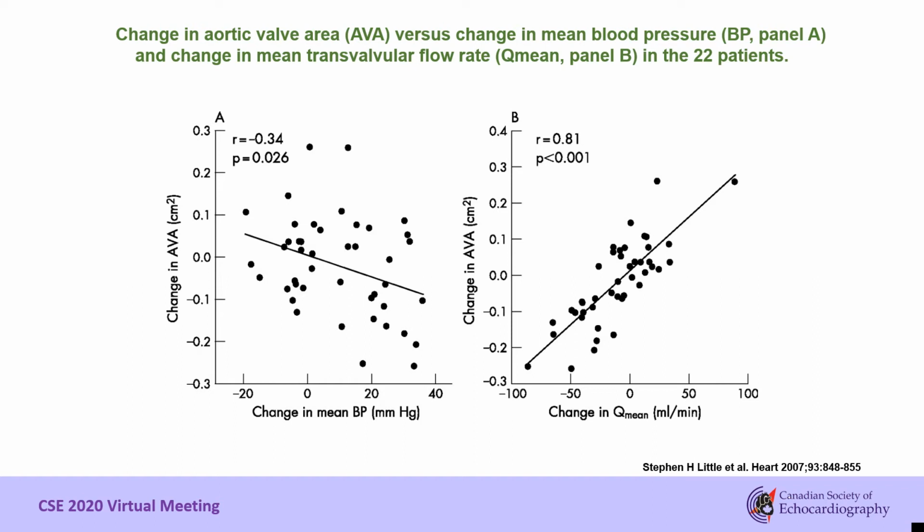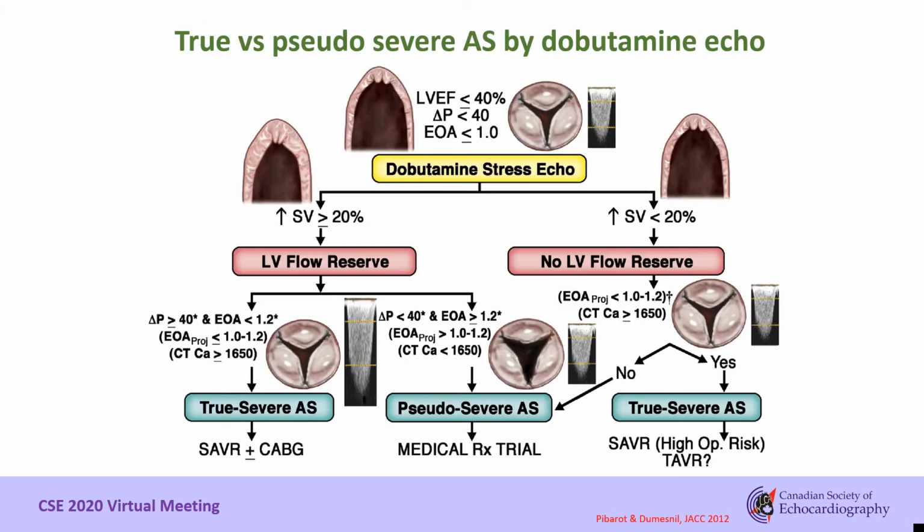Thus, repeating the echo after the blood pressure is controlled is unlikely to be very useful in this case of severe aortic stenosis. The use of dobutamine stress echo is mainly to differentiate true from pseudo-severe AS in patients with low transvalvular gradient and low EF. This test is clearly not relevant in our patient with normal EF and high gradient.